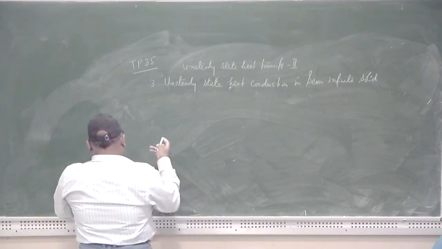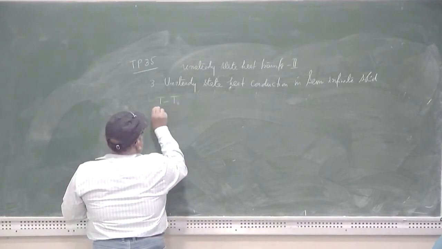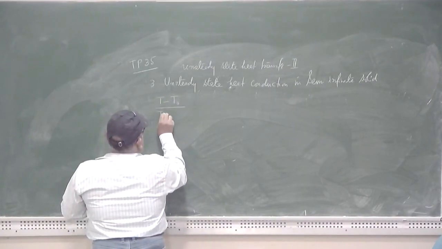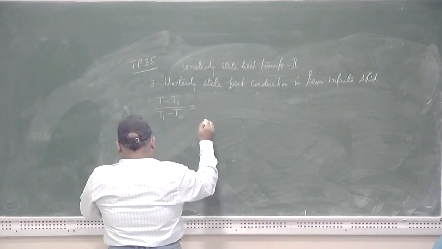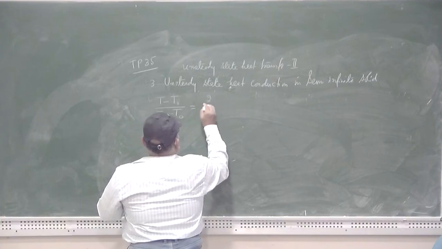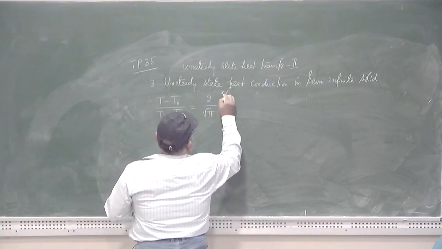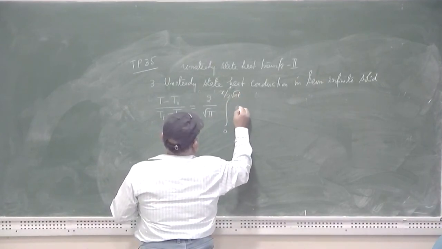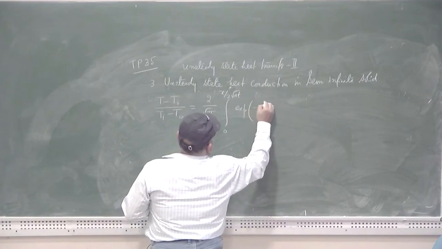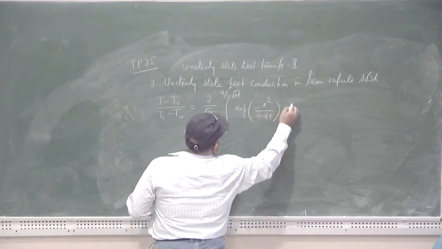So rewriting that, it is equal to 2 by root pi, integration 0 to x divided by 2 under root alpha t, exponential minus x square by 4 alpha t, dt.